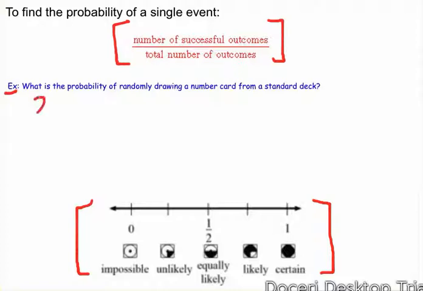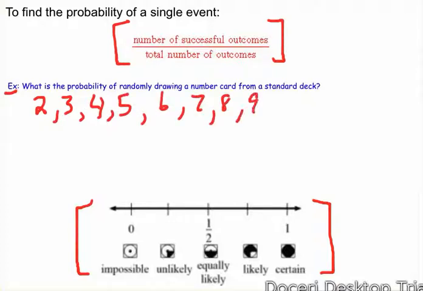So you have 2, 3, 4, 5, 6, 7, 8, 9, and 10. Those are all the number cards, but there are 4 of each. Okay? So that's 1, 2, 3, 4, 5, 6, 7, 8, 9 different possibilities at 4 each. That means there are 36 possible number cards.